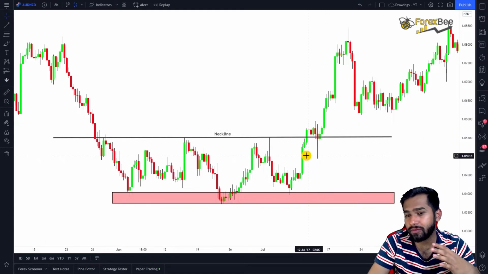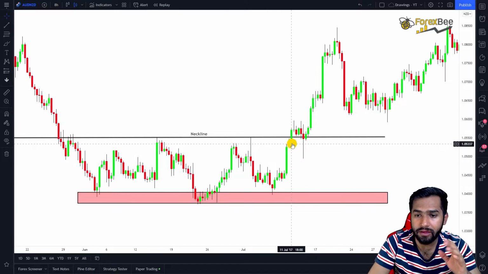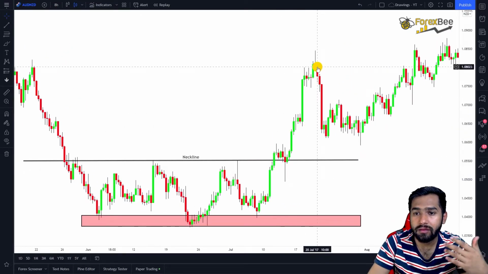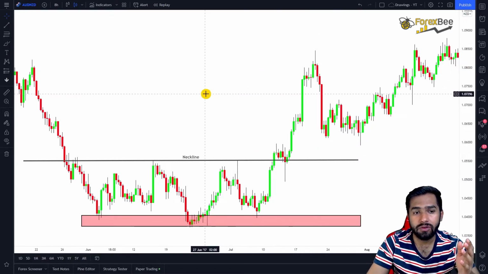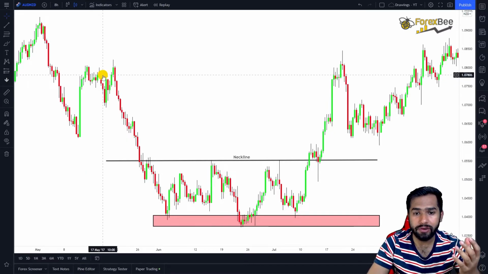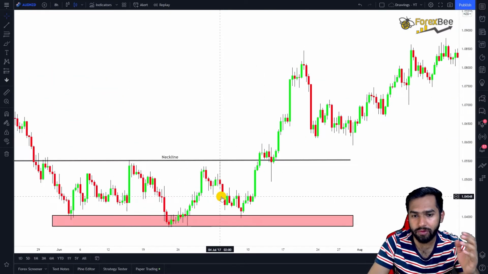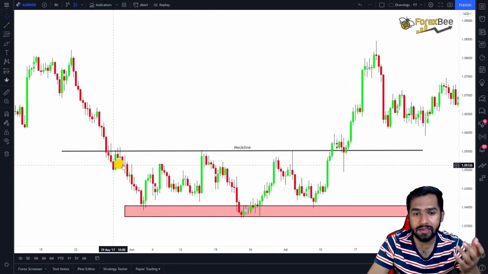And on the third swing we can see the price is breaking out from this neckline with a big impulsive candle, and after that the price moves in the bullish direction, okay, so a bullish trend continues or forms. So the trend has successfully reversed from bearish to bullish after the formation of this triple bottoms pattern, and this is the support zone that is forming here, and this is the neckline.